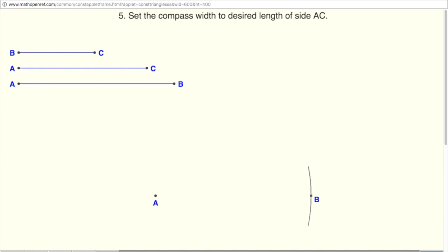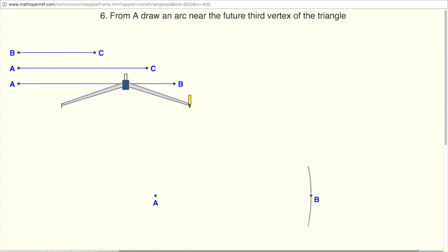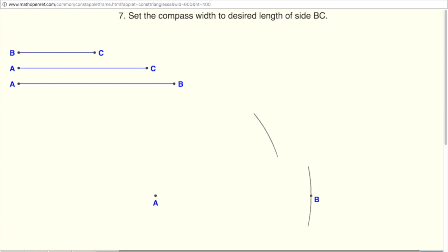Set the compass width to the length of AC. Then from A, draw an arc near where you think AC should end up, where point C would be.